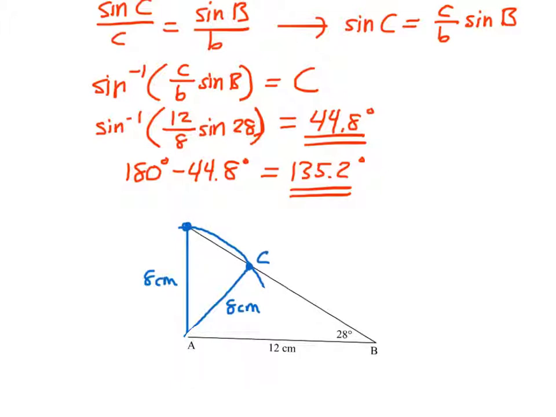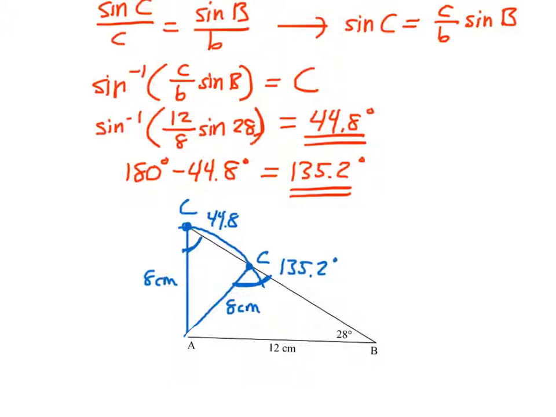in two different places. Now this upper angle here is my smaller angle. I'm sorry, this is angle C. This is my smaller angle, which is 44.8. And here, this is my larger angle of 135.2. And you can see that in both cases the triangle is true.